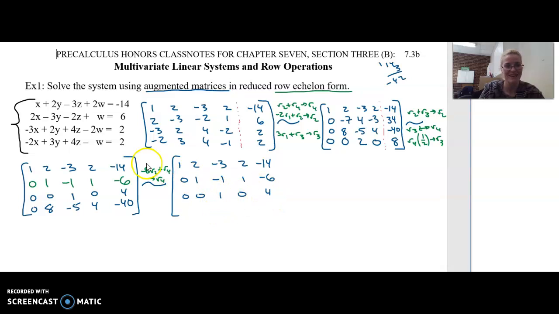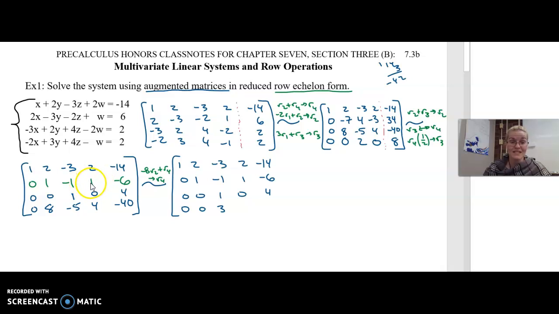Notice I've already solved that z is going to equal 4. Now 0, okay, so negative 8 times 1 plus 8 is 0. Negative 8 times negative 1 is positive 8. 8 minus 5 is 3. Negative 8 times 1 is negative 8. Negative 8 and positive 4 is negative 4. Negative 8 times negative 6 is going to be a positive 48. Positive 48 minus 40 is going to be a positive 8.